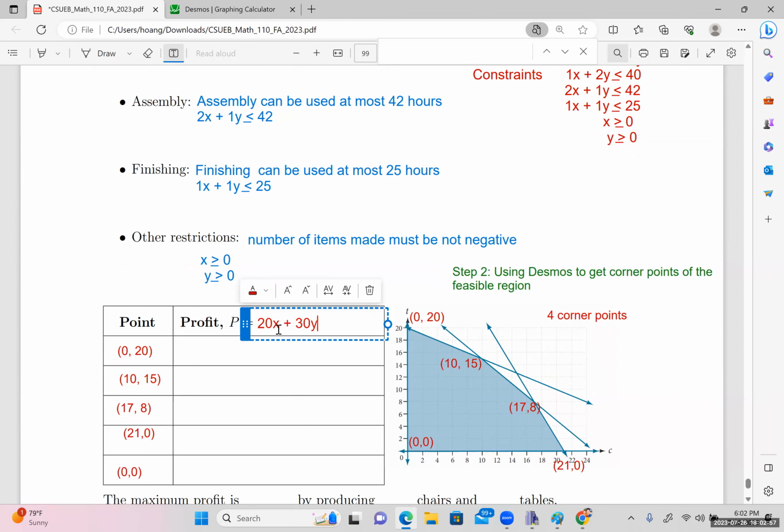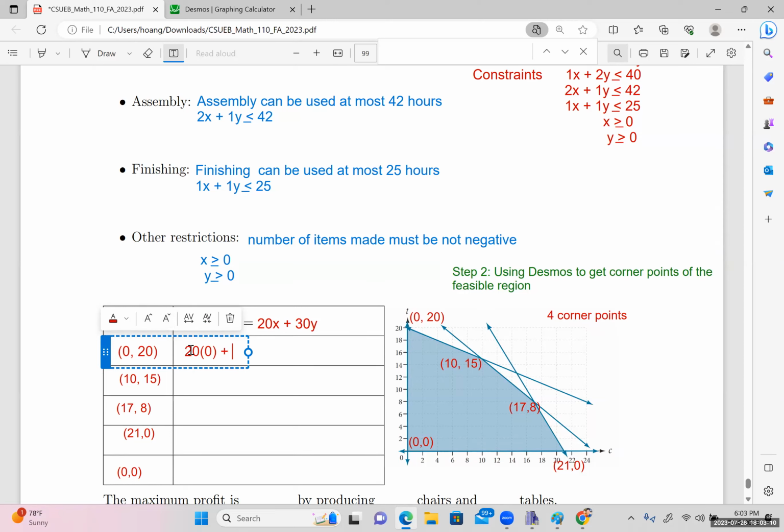All right, nice. So now I will just plug in 0, 20. That is 20 times 0 plus 30 times 20, right? So that gives us 600.